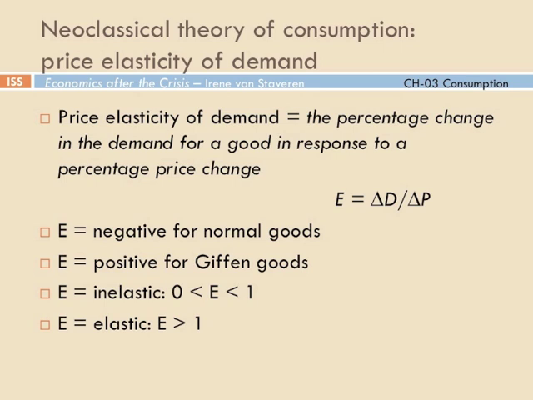Now, the size of the slope is what neoclassical economists call the price elasticity of demand. That's the percentage change in the demand for a good in response to a percentage change of the price. The symbol is E, and E is the change in demand divided by the change in price.